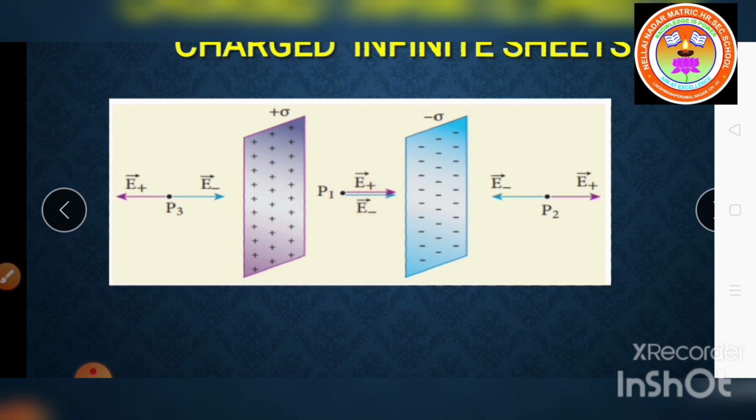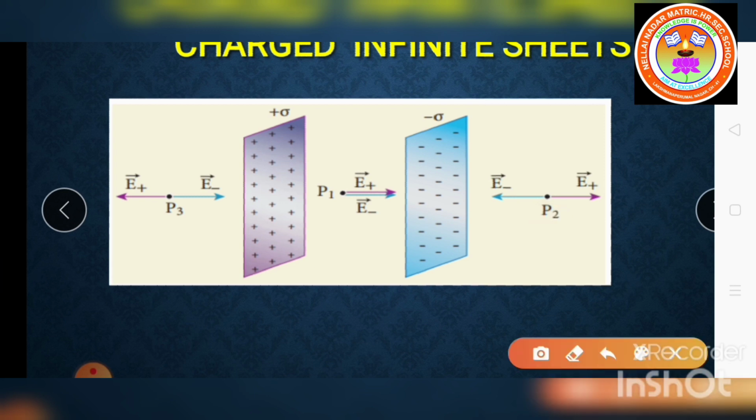Now come to the point P2. For the point P2, I am placing one positive test charge. Due to the negative surface charge density, this positive charge is acted on in an inward direction.